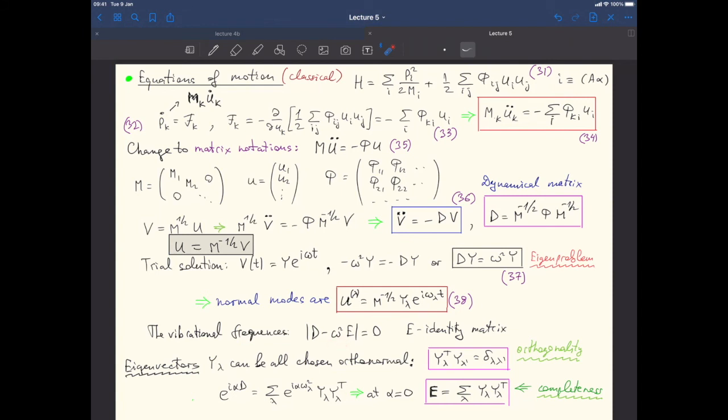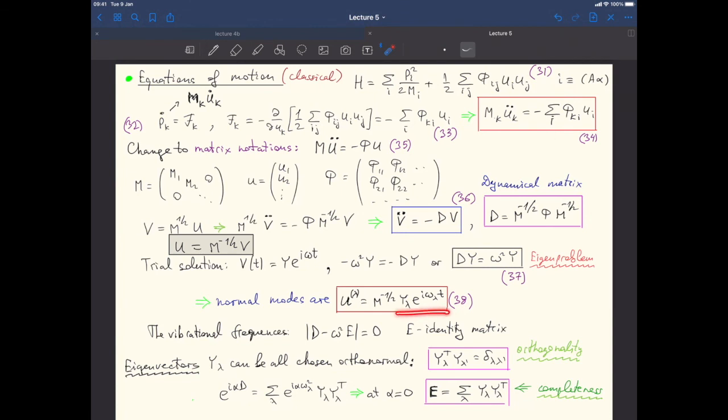And by the way, these squares of the frequencies are bound to be real because the matrix D is symmetric, and therefore we know from mathematics that all eigenvalues of a symmetric matrix are real. In fact, the matrix D is also real itself, and therefore its eigenvectors can always be chosen as real.